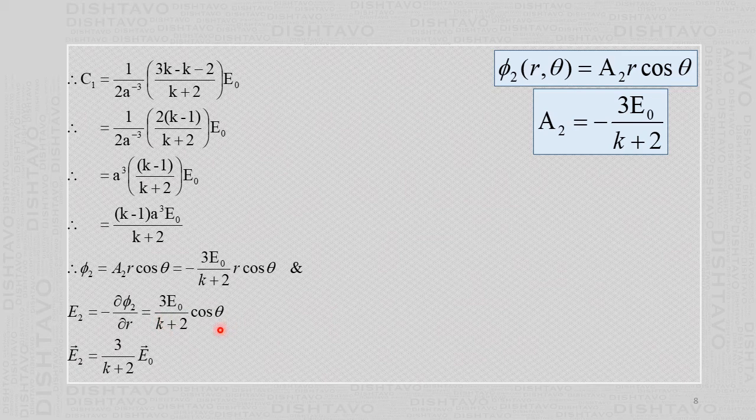So in vector form, this 3 by K plus 2 times E naught cos theta, okay. In the direction of that angle theta, its component is E naught cos theta, so it is vector E naught here. So E2 equals 3 divided by K plus 2 times E naught.